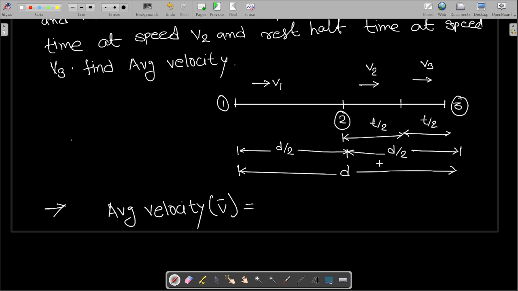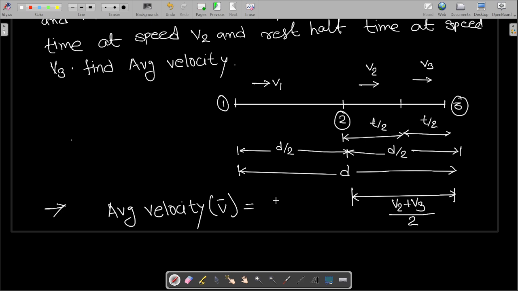What will be the average velocity between point 2 and point 3? It would be v2 plus v3 upon 2. As I told you in the earlier formula, when the time is the same, the different velocities are added and divided by 2. Then it is the average velocity between point 2 and point 3.